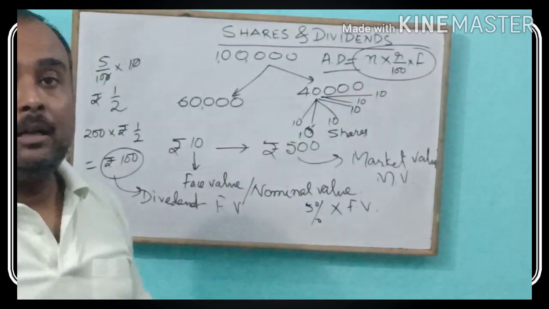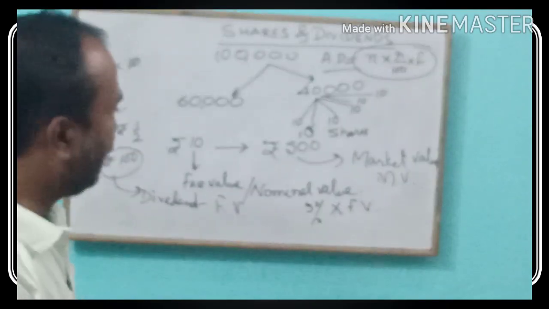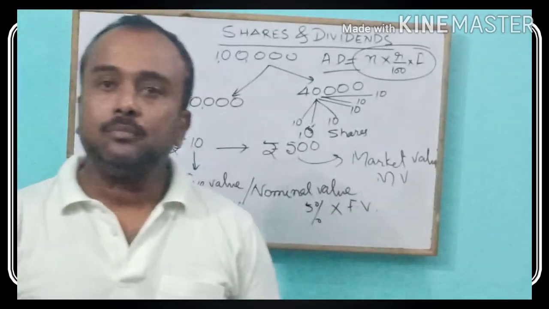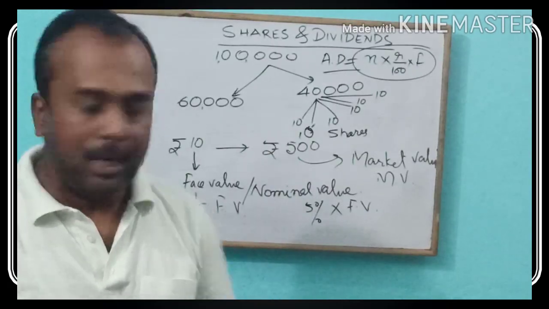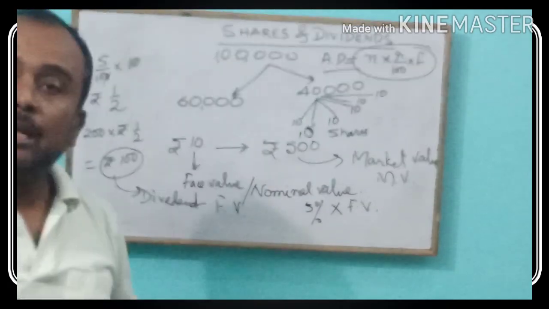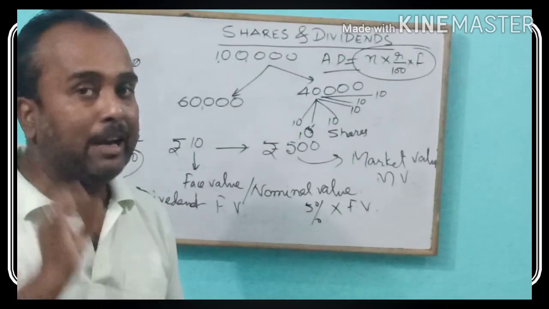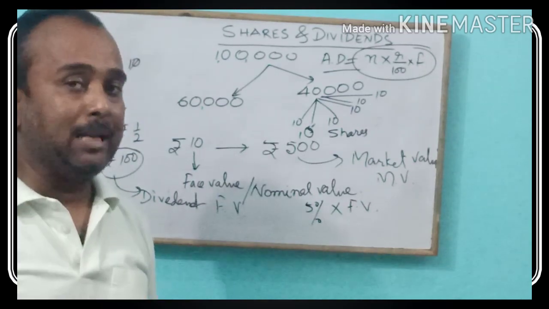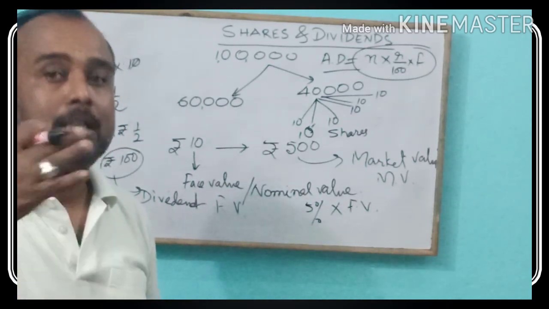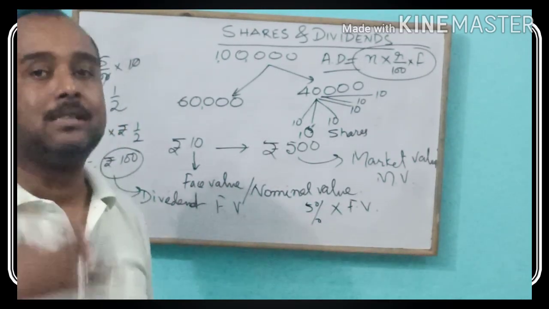Now what is the investment? How do we know the investment? Suppose I am ready to buy 50 shares and every share in the market costs 500. Market cost means the company has raised the price of the share so that the demand increases. Since the demand is more, the price is more.